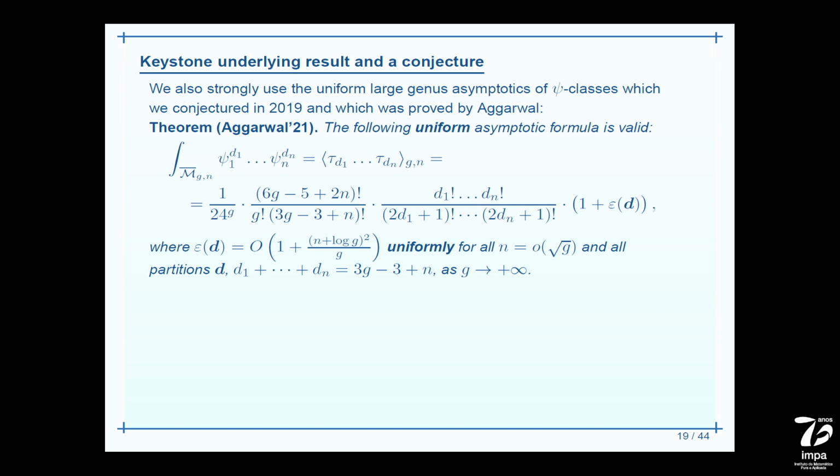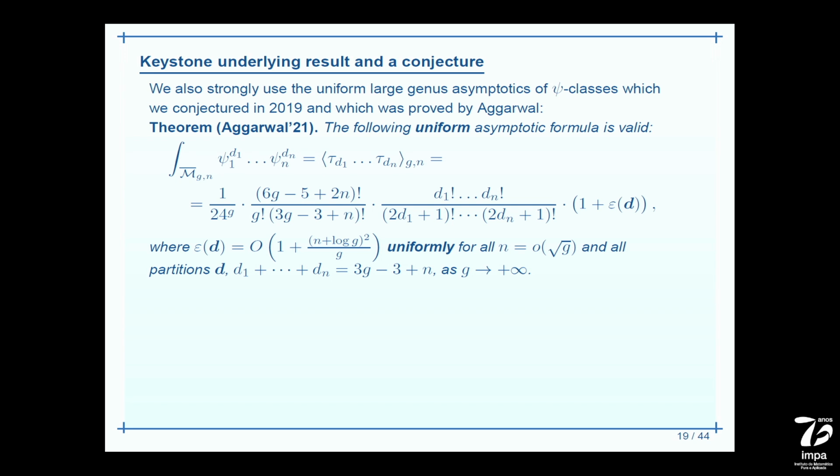It is easy to write down, but when you program this recursion and try to compute these numbers on a computer, you go to, say, genus 6 and n equal to 10, and your computer says, no, I cannot do it. There are plenty of things proved about these numbers, but up to recently it was very difficult to work with them.